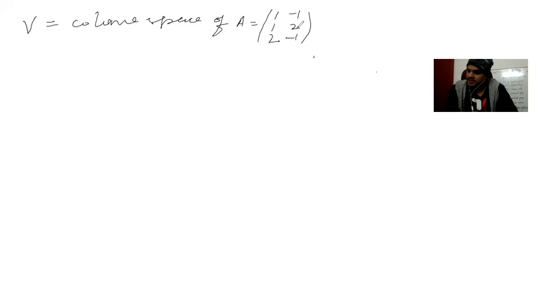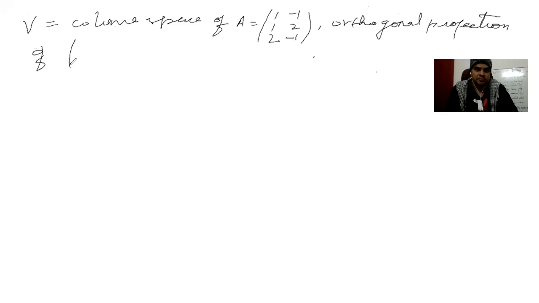Okay, and then they are saying that the orthogonal projection of the column matrix 0 1 0 on V is what? Okay, so this is actually a question.